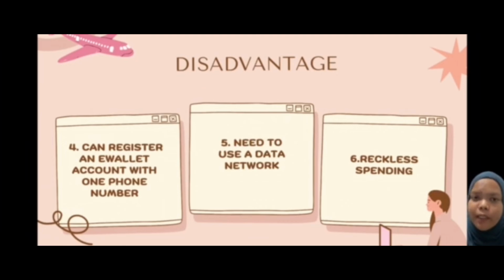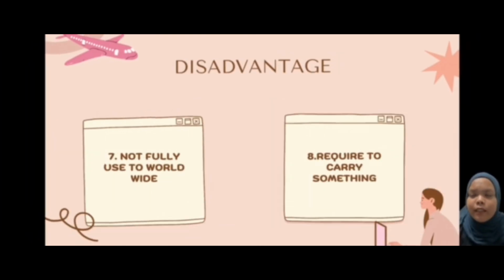The fifth disadvantage is that it needs a data network, as the e-wallet can make purchases only when there is a data connection. Next is reckless spending. Then it is not fully usable worldwide. The number of retailers which accept payment from an e-wallet depends on the wallet you choose. The last disadvantage is that it is required to carry something. It does not fully eliminate the requirement of carrying something with you.